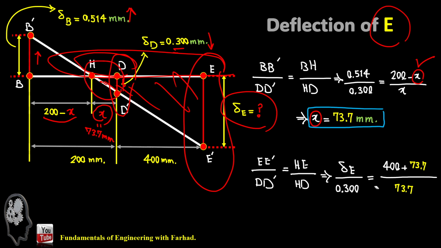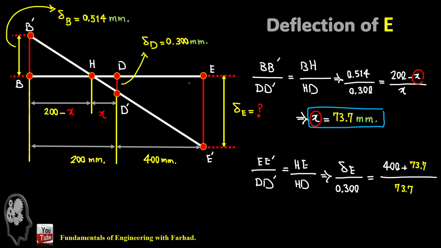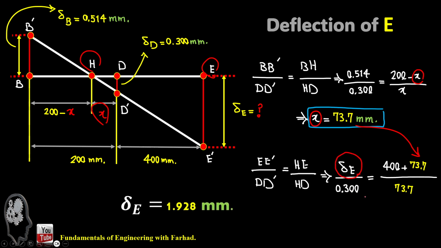In that case, we already know what EH is. That's 400 plus x, which just comes from here, over HD. So the only unknown in this part is delta E. And if you replace in the equation, it gives you delta at E is equal to almost 1.9 millimeters. And definitely that's a downward motion.